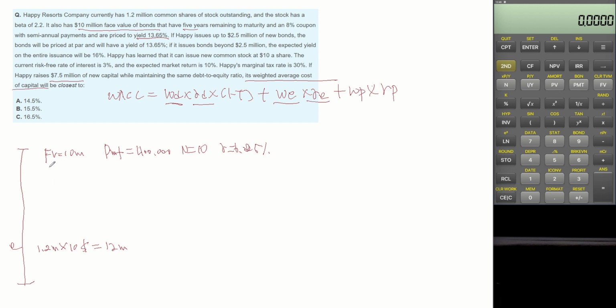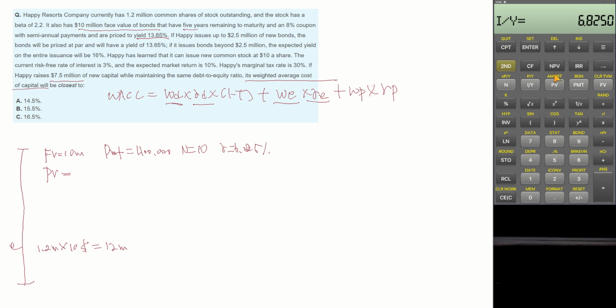With this information, we can calculate the present value of the bond using the financial calculator. So let's plug in the numbers. $10 million future value and 0.4 million payment, and period is 10, and 6.825 required rate of return.